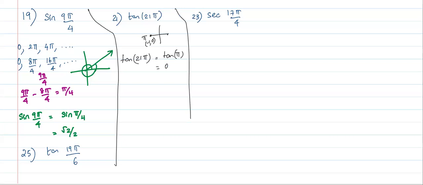Then we have 17 pi over 4. Now let's write down what we did for question 19. We wrote that all of the revolutions are going to be in this order, like so, and we converted it into a denominator of 4. So we had 8 over 4, 16 over 4, 24 over 4, and so on.